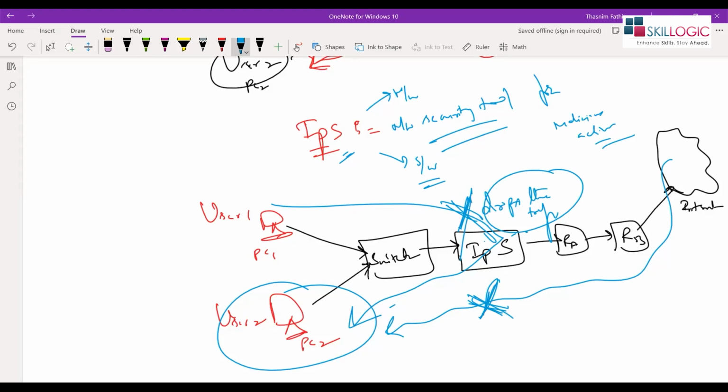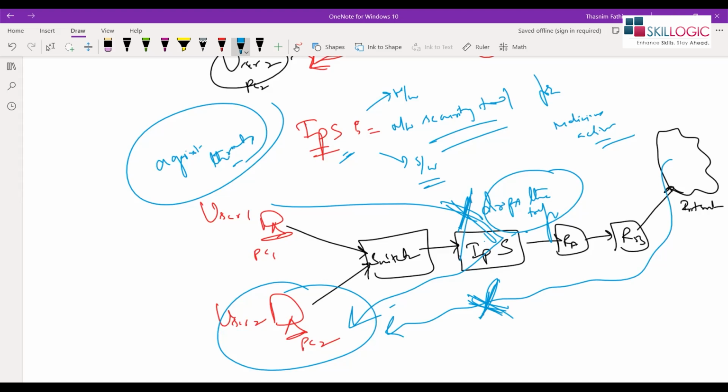So the intrusion detection system as well as the intrusion prevention system are designed to help protect against threats in an organization.